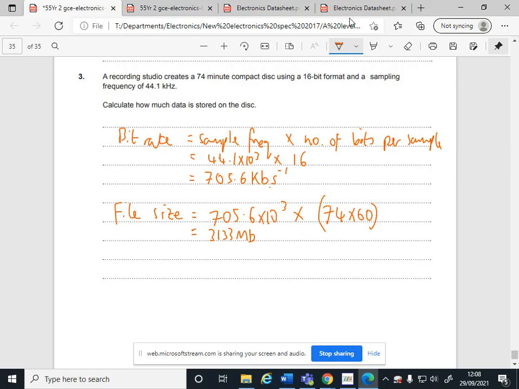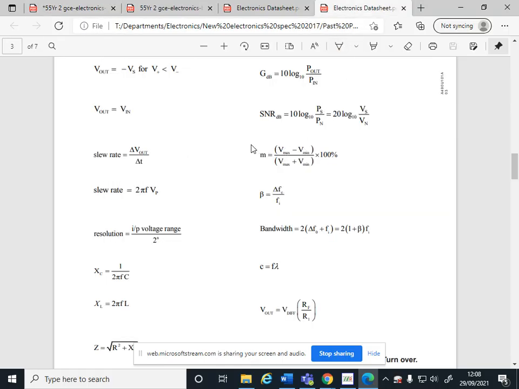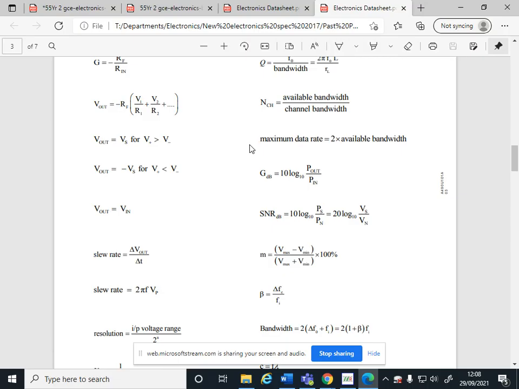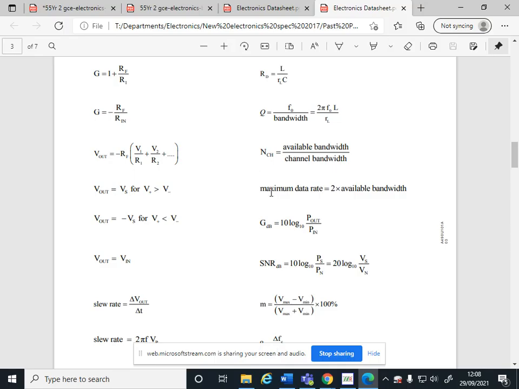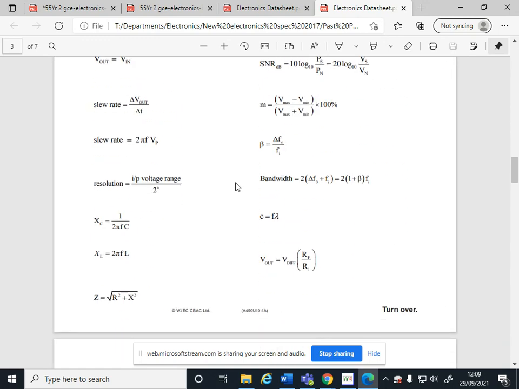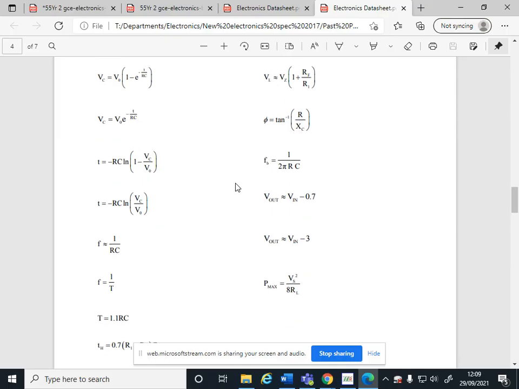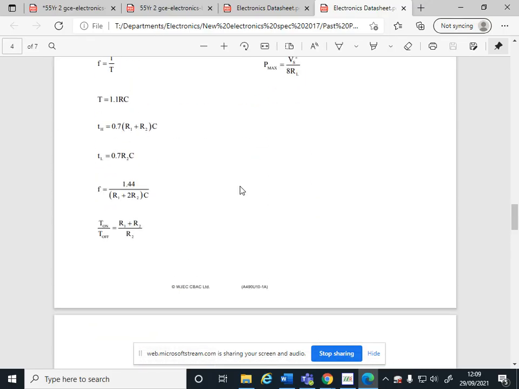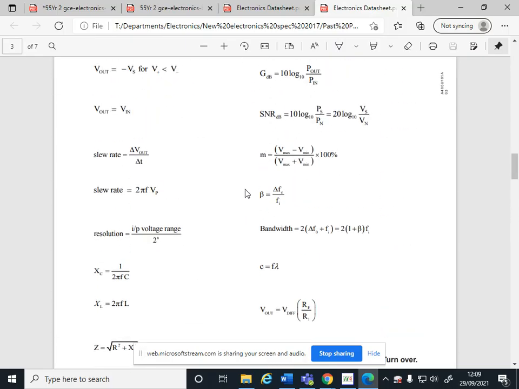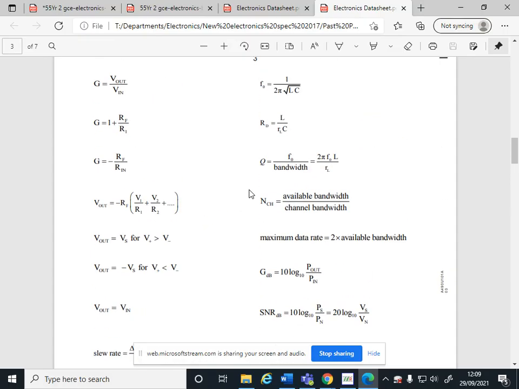I think that bitrate one is on the data sheet, as we just had a look. So you've got maximum data rate is twice the bandwidth. That's what I've just said about your data rate. That's about channel bandwidth. The bitrate one isn't on there, is it? No, it's not. So your bitrate is actually not on there.